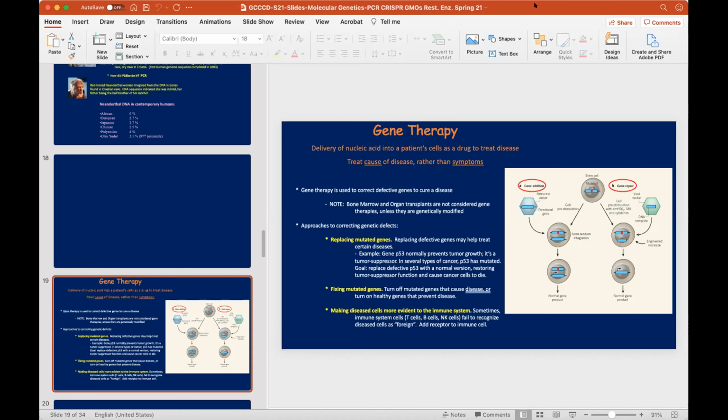Whereas CRISPR was discovered by studying the bacterial immune system. It's another way that bacteria have of destroying viruses. Endonucleases is one way, and CRISPR is another way. It's like a memory. CRISPR is a memory system.